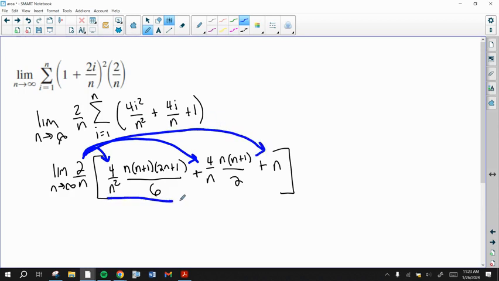On this first term, if you multiply the tops, you'll have this n times this n times this 2n, which is 2n cubed. And then I have to multiply it by this 4, so I have 4 times 2n cubed.